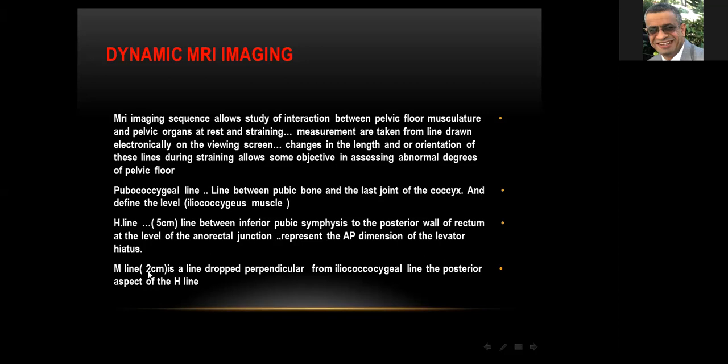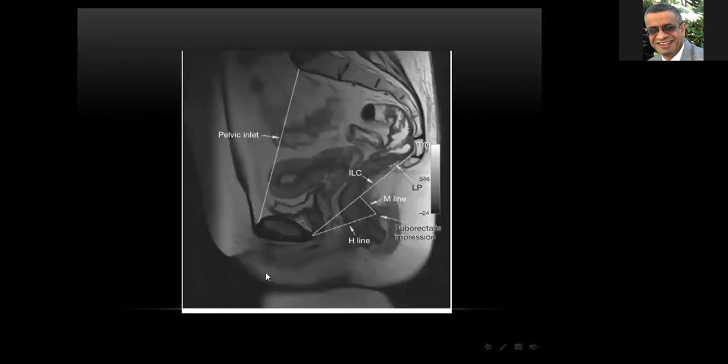The M line, the normal is 2 cm, is a line dropped perpendicular from the iliococcygeal line to the posterior aspect of the H line. Here we have the iliococcygeal line, which is drawn from the symphysis pubis to the last joint of the sacrum. The bladder neck, the vaginal fornices and the anorectal junction must be above this line during rest and slightly descend during straining. This is the H line and M line.